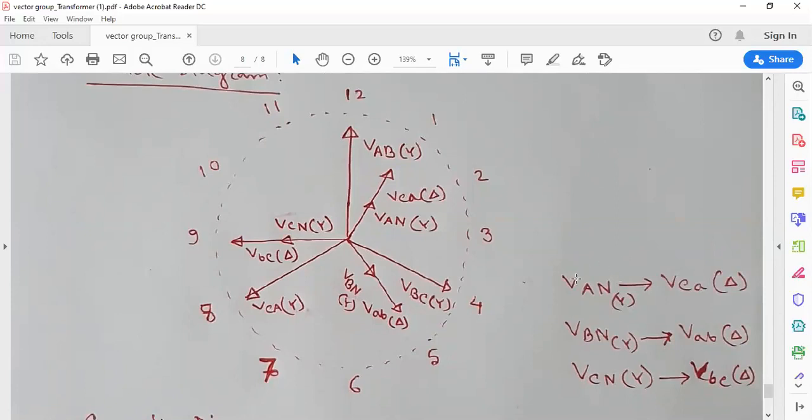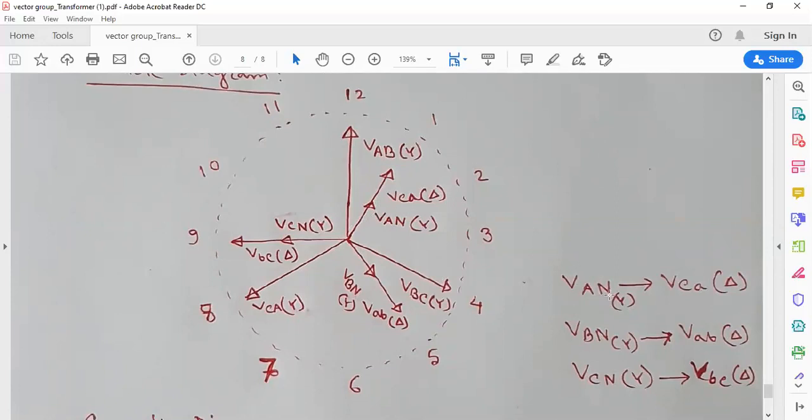For VAN, we see that the two vectors from primary and secondary are related at this point. VAN and VCA are in the same direction, Y delta. So because of VAN, definitely VCA is induced, or we can say for VCA, VAN is induced.